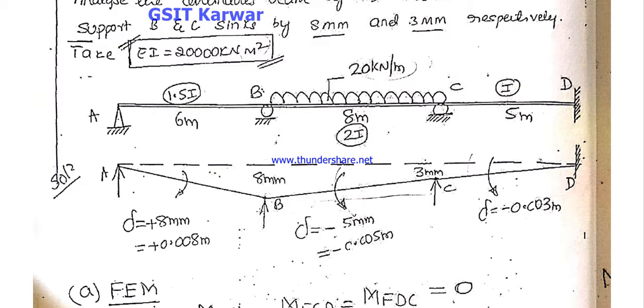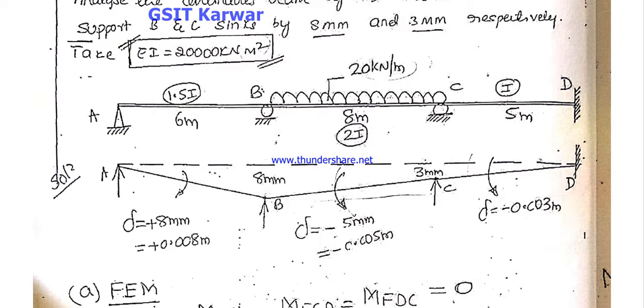Let us see. We know the sign convention already. For considering support B, consider the left hand side positive and the right hand side negative for sinking. That means the dou value or delta value is considered positive towards the left hand side and negative towards the right hand side.